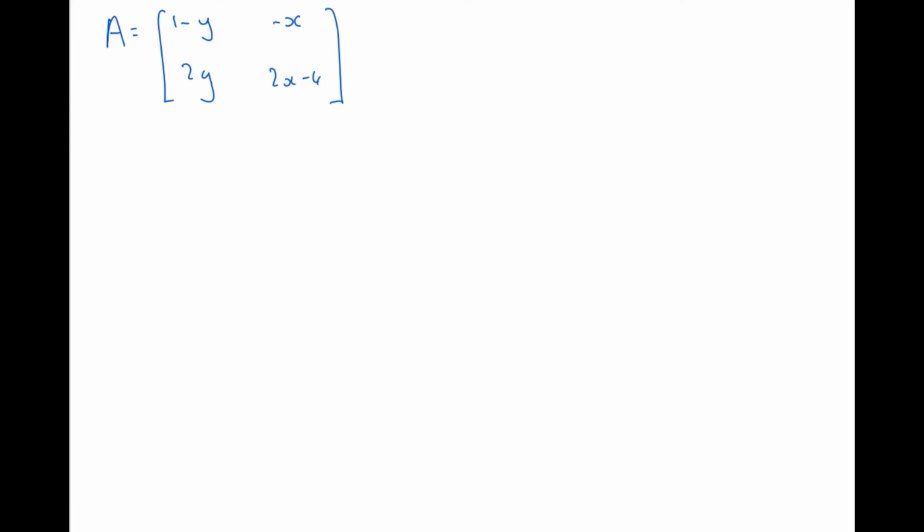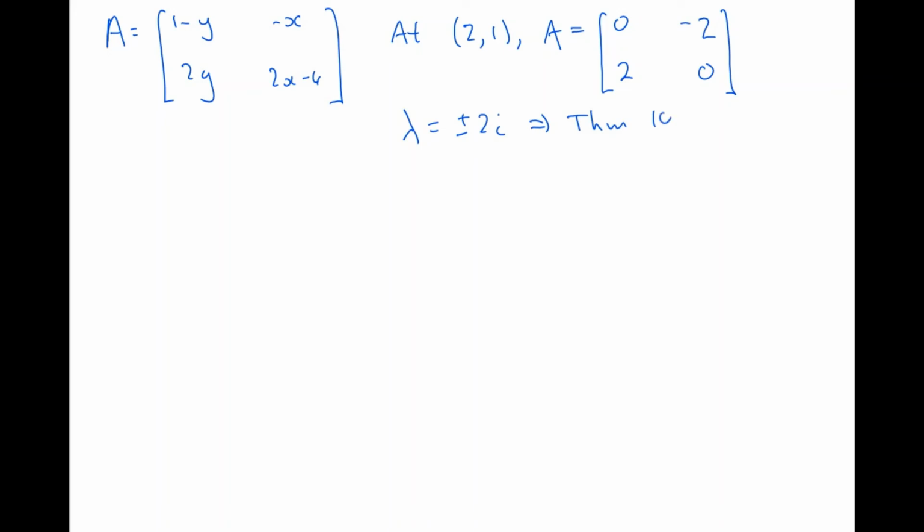The next fixed point to consider was (x, y) equals (2, 1), and the Jacobian derivative at that point is [0, -2; 2, 0]. Go away and find the eigenvalues, and you find plus or minus 2i. They're pure imaginary. So that means that Theorem 10.3 does not apply.